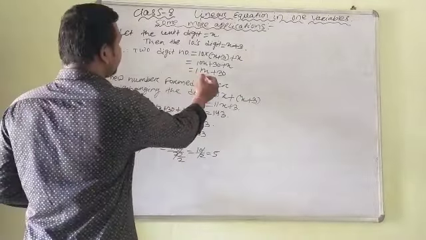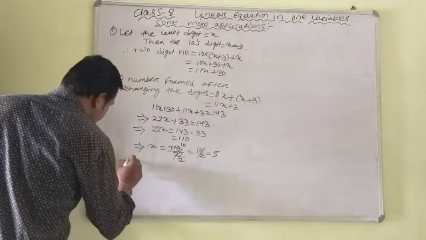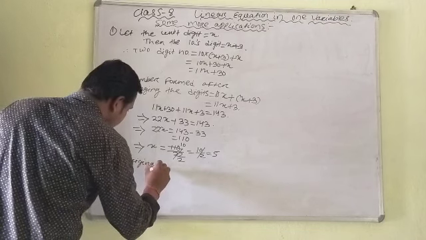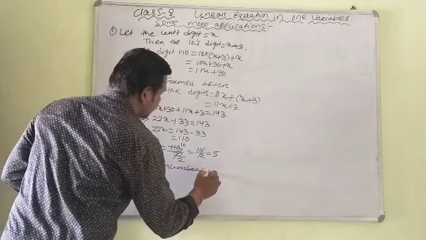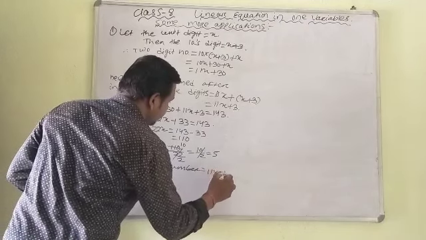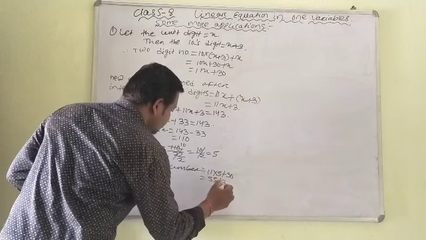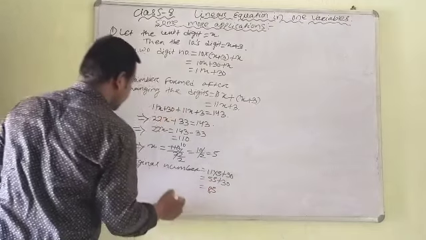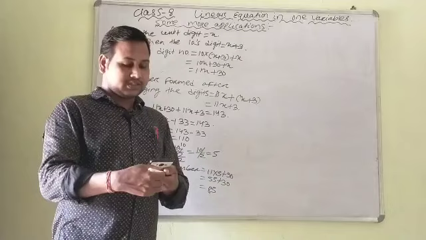Original number is in the form of 11x plus 30. Therefore we will write the original number is equal to 11 into 5 plus 30, that is 55 plus 30, that is 85. This is the answer of this question.